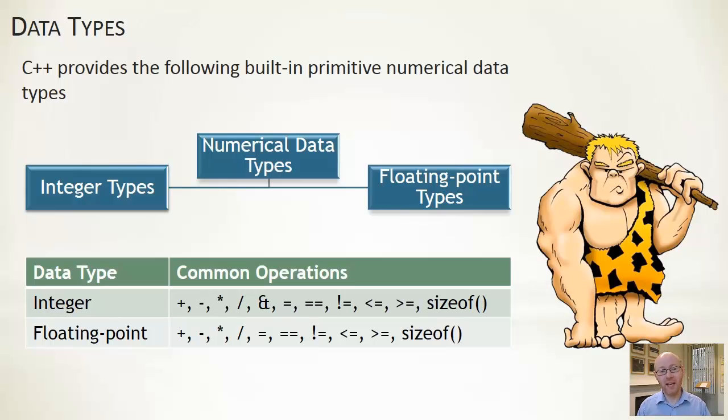But at this high level, we need to understand that if we're talking about primitive data in C++, either we're talking about integer data types or floating point data types. And you can see down at the bottom of this that for both data types, there's a wide range of operations that can be applied to them. And in quite a lot of cases, there are corresponding operations.